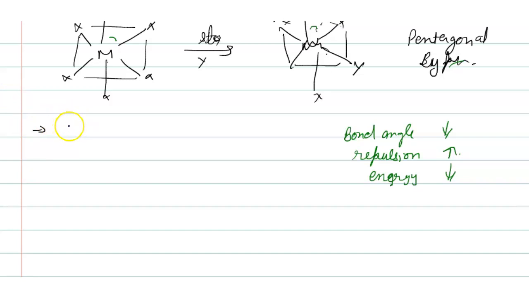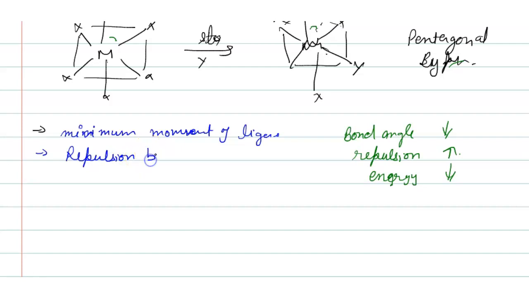Now generally, in the final result we can say, first, minimum movement of ligand. Second, repulsion between ligands is less.